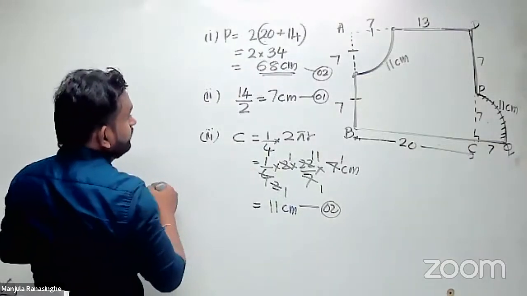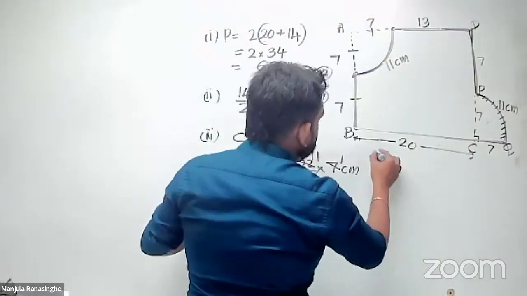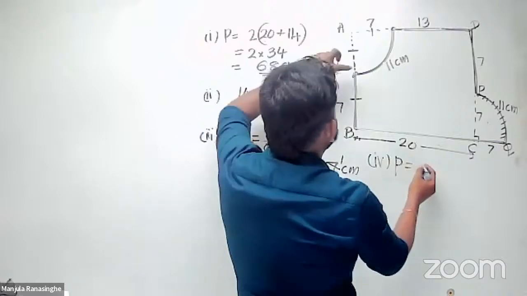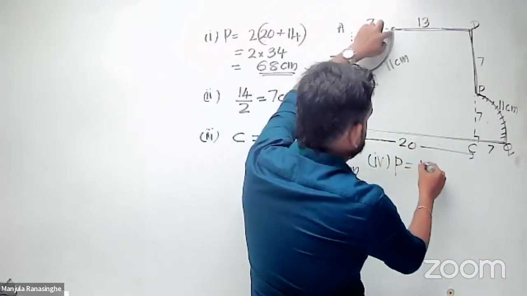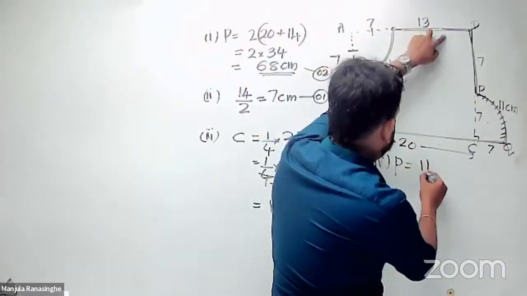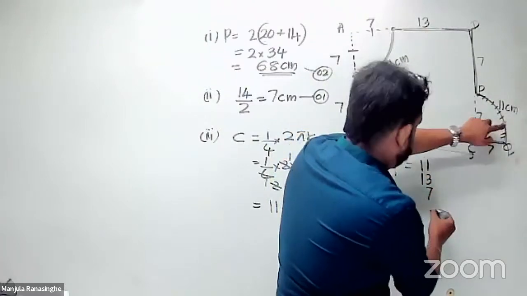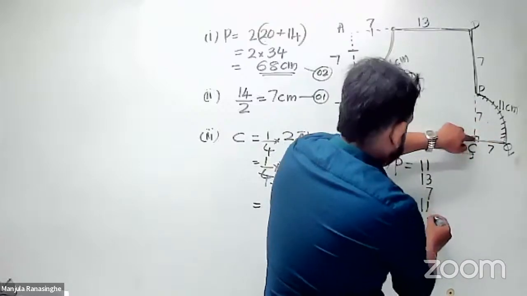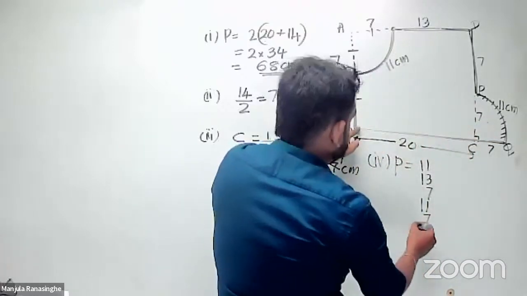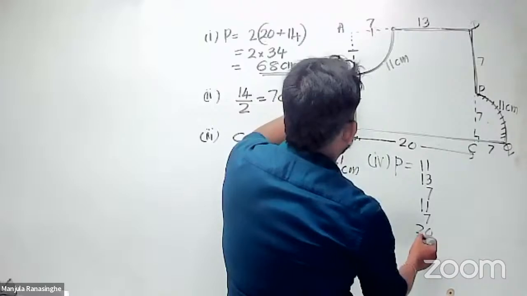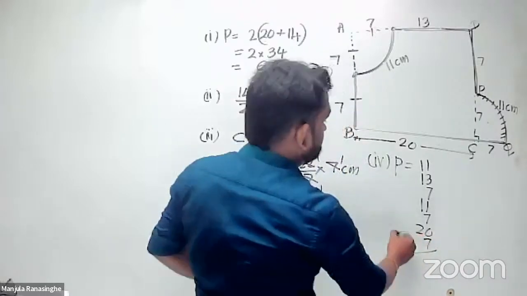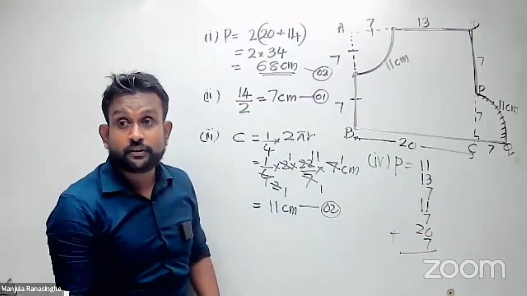So the fourth one, I write perimeter. Perimeter you have to find. Start here, I write 11, and here 13, and here 7, and here arc length 11, and here 7, and here 20, and here 7. Okay, so these are the addition of all the lengths.